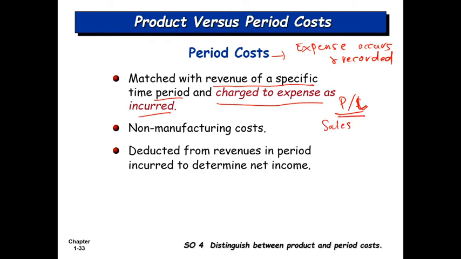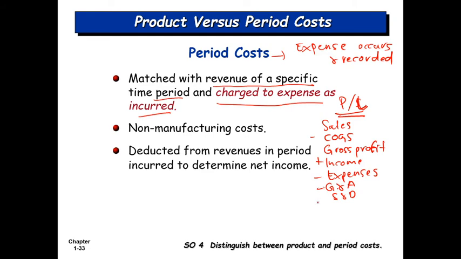Sales minus cost of goods sold, we get gross profit. And then from gross profit, we add income, we less expenses. So these expenses, normally we have general and administrative, selling and distribution, and finance.